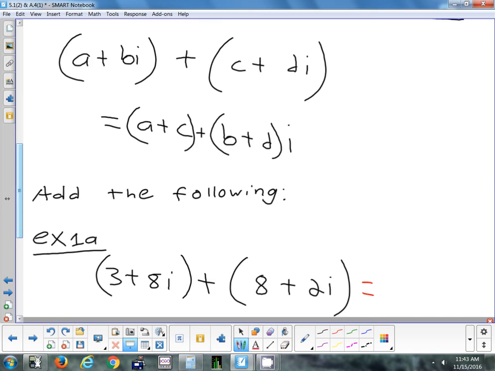The second number has a real part of 8. Combine the real parts, and you get 11. Selenia, what's the imaginary part in the first number? 8. And how about the imaginary part in the second one? 2. And then add them up. 10. And what do we put next to it? Perfect. This is the section where you really want to make sure your ones and i's look good. That's it, 11 plus 10i.